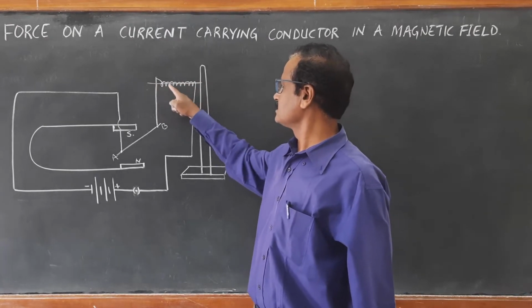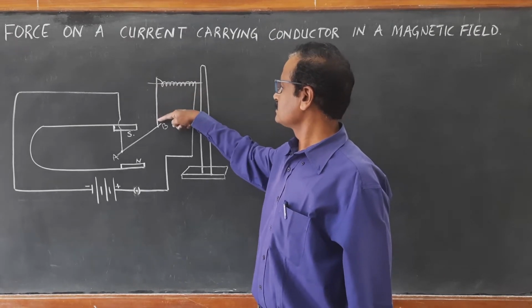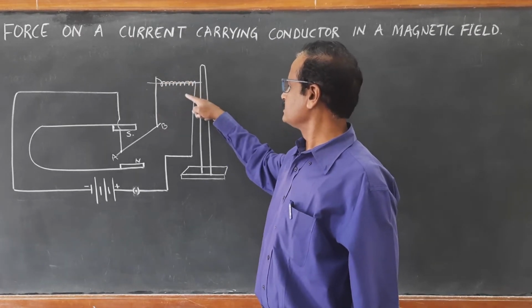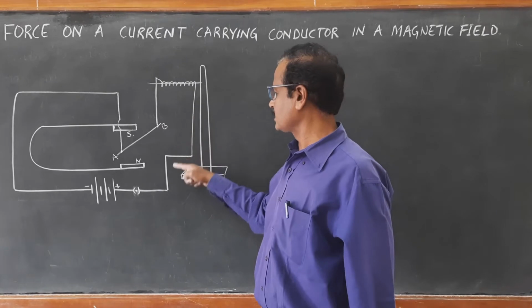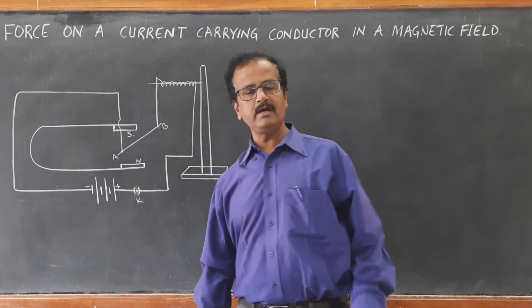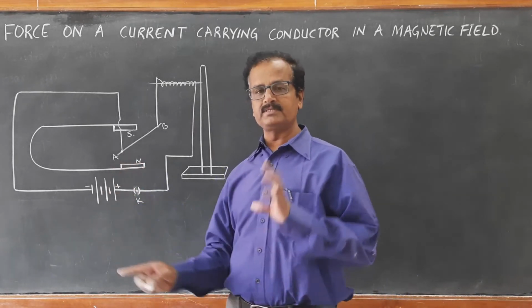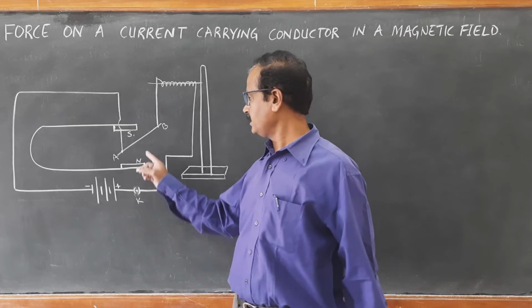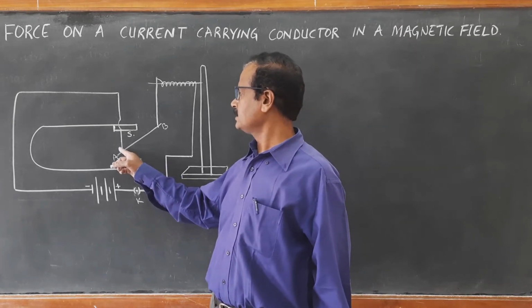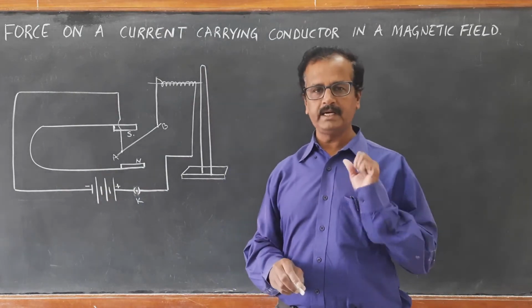The stand has a support here. An insulated copper wire is connected over here and further connected to a key. The other end of the key is connected to the battery. End A is connected with one more piece of insulated copper wire, which goes to the negative terminal of the battery.